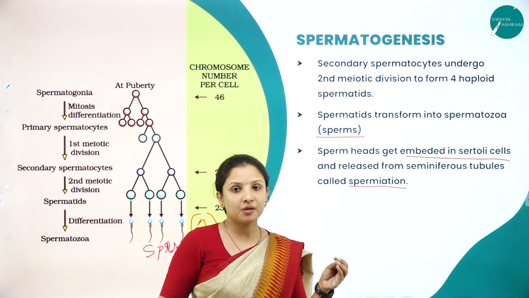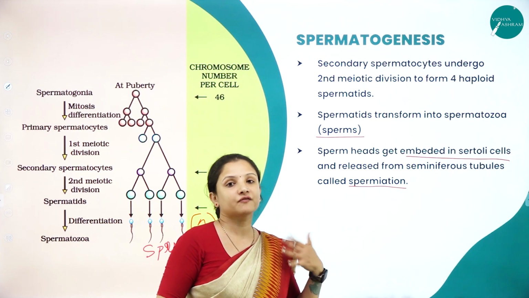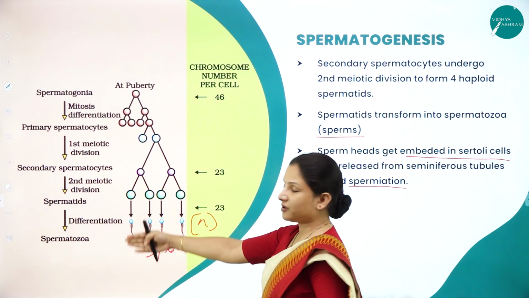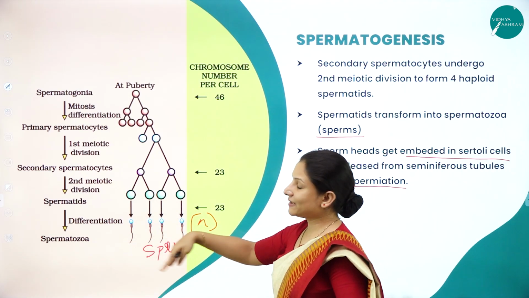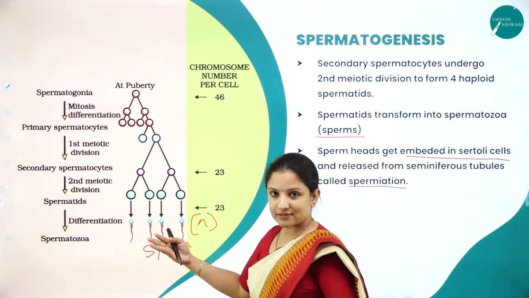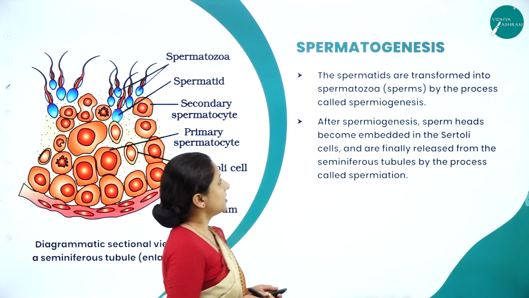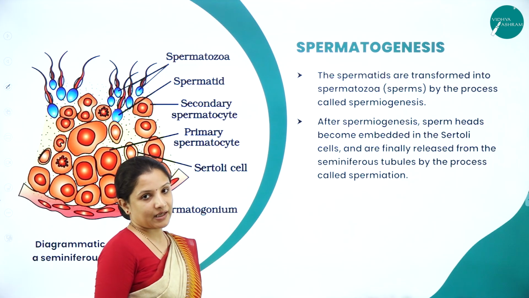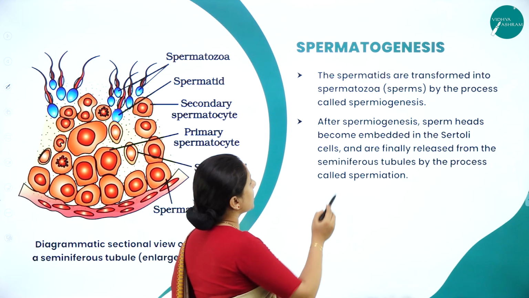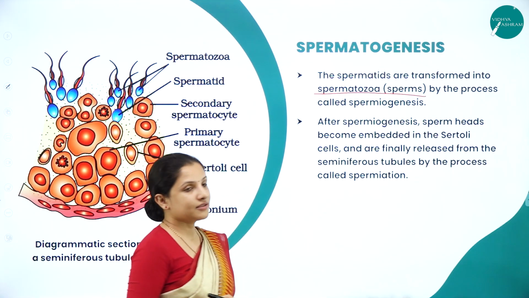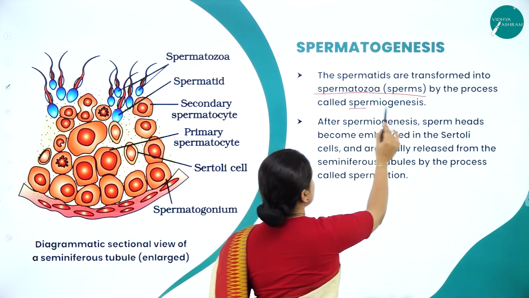Spermiation is the release of the sperms. Moving further, the spermatids are transformed into spermatozoa, which are nothing but the sperms, and this process is called spermiogenesis.